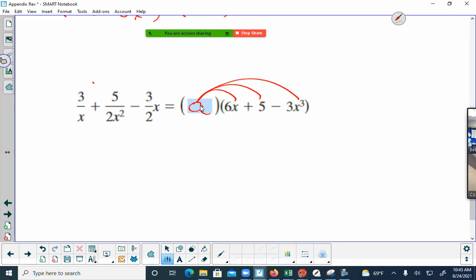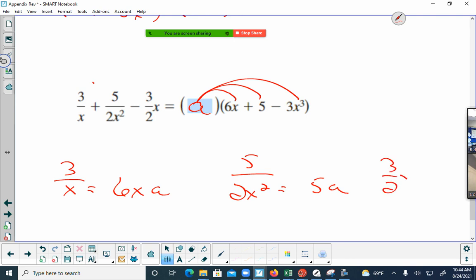Does that make sense? So if I go term by term, I say 3 over x is equal to 6xa, and then 5 over 2x squared is equal to 5a, and then 3 over 2x is equal to negative 3x cubed a. If I solve each one of those for a, I only have to solve one because they should be the same.